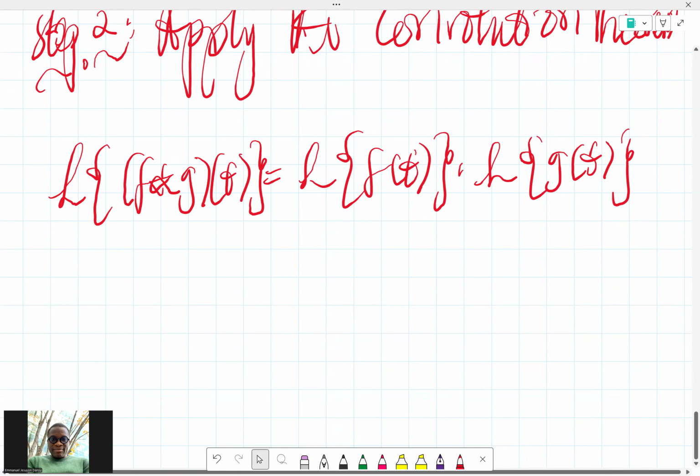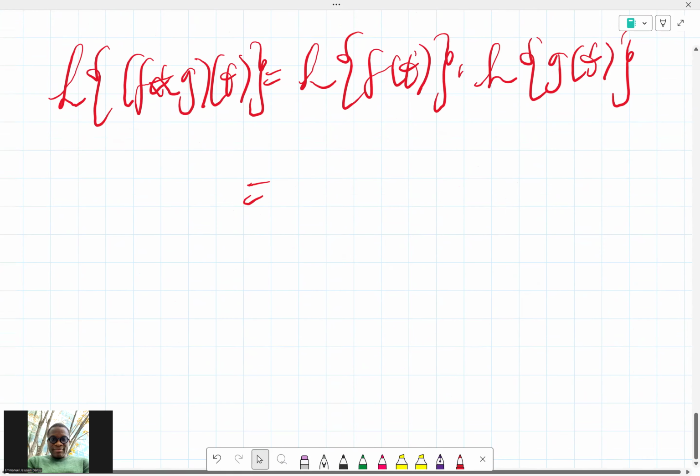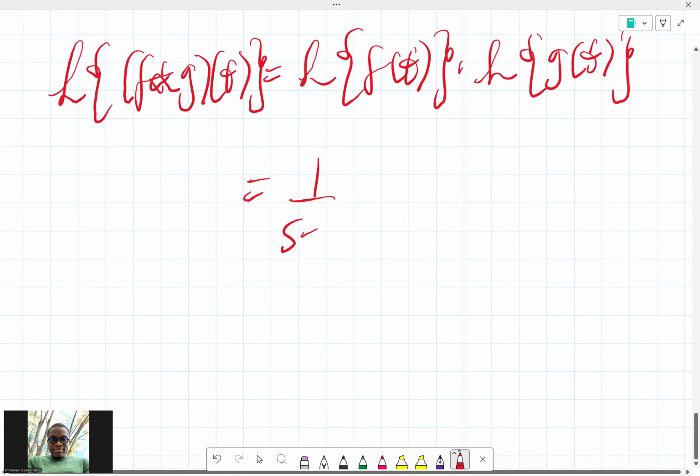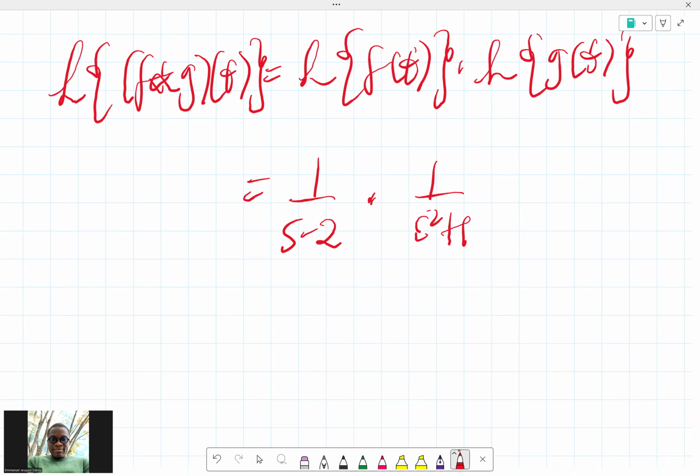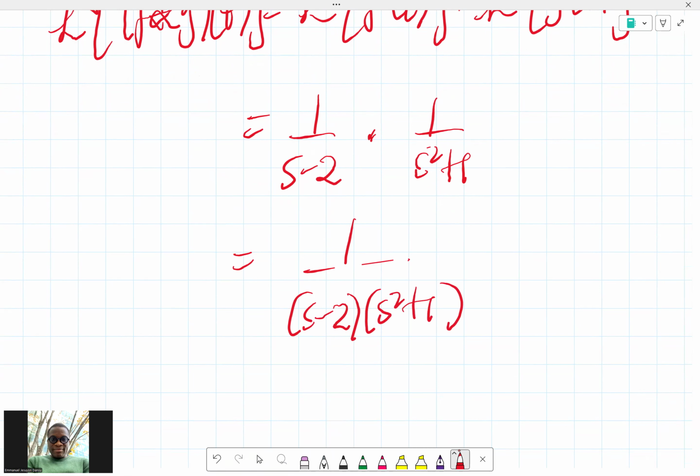That gives us the first case, 1 over s minus 2. The second one is 1 over s squared plus 1. So we have 1 over s minus 2 multiplied by 1 over s squared plus 1, and that is 1 over (s minus 2)(s squared plus 1), basically.